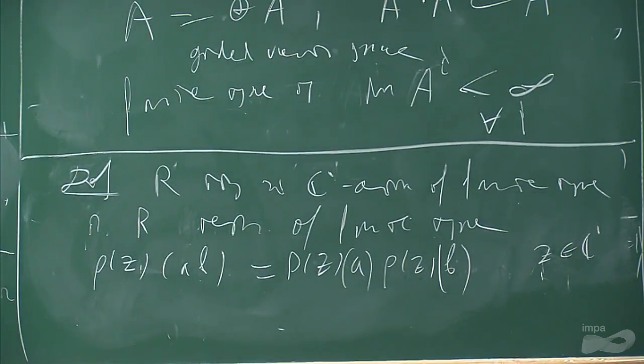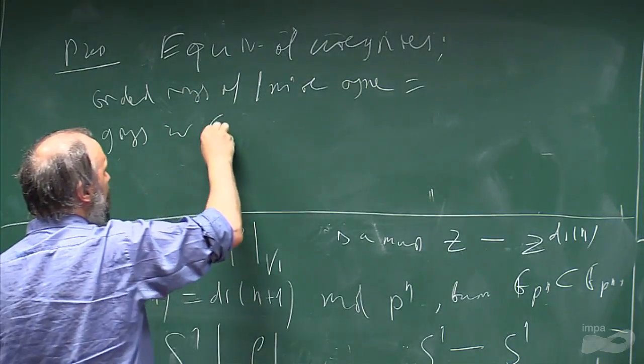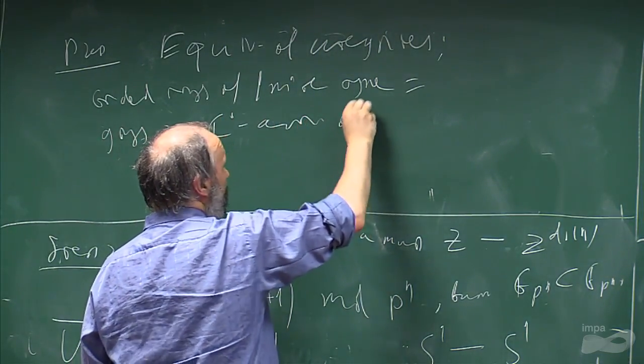Okay. Now it's a proposition. You have a categorical equivalence of categories: graded rings of finite type is the same as rings with C star action of finite type.